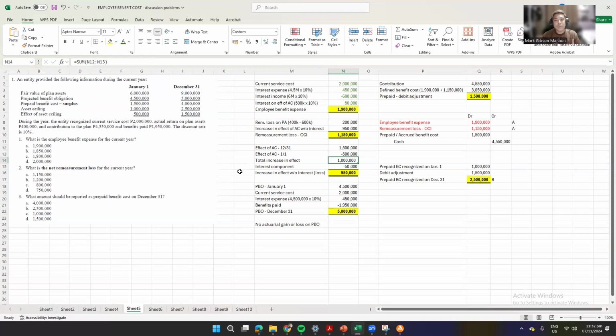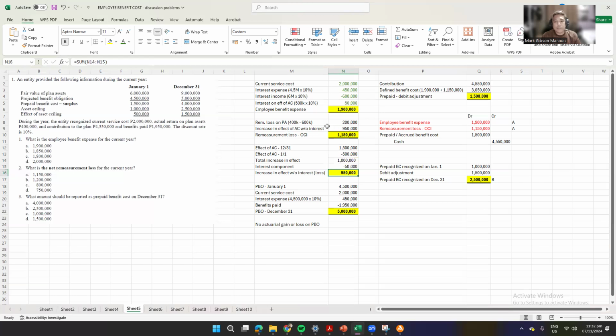The interest component, yung na-compute natin kanina, that's 500,000 multiplied by 10% discount rate. So that's 50,000. No? So sabi natin, we have to compute it without the interest. So in this case, 1 million less 50,000, the interest component. So we have 950,000. This is the increase in effect without the interest. So it's a loss. Okay.